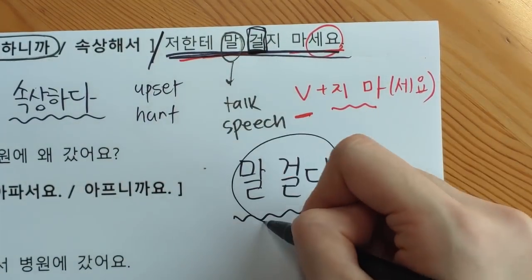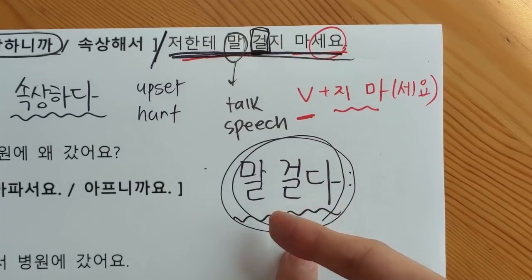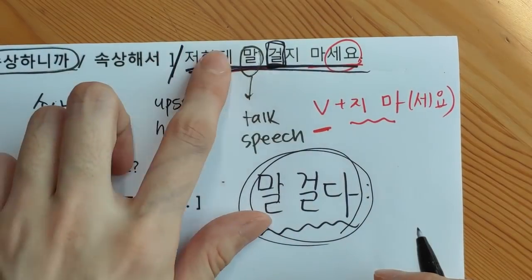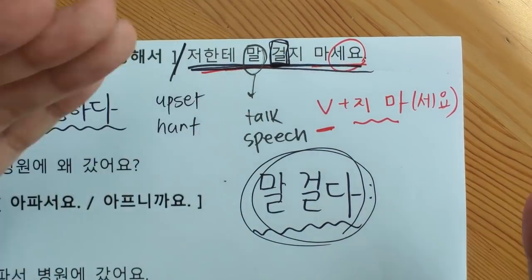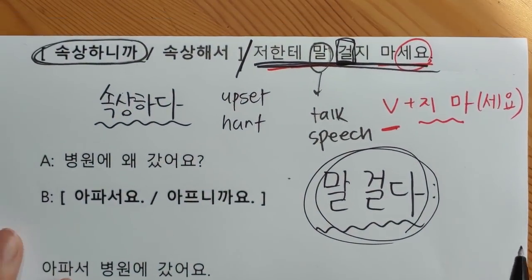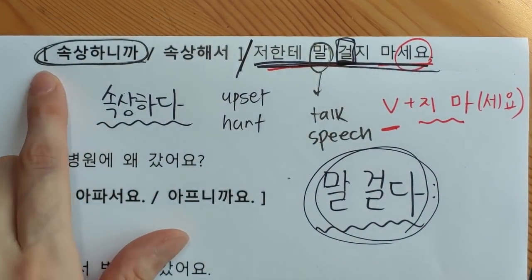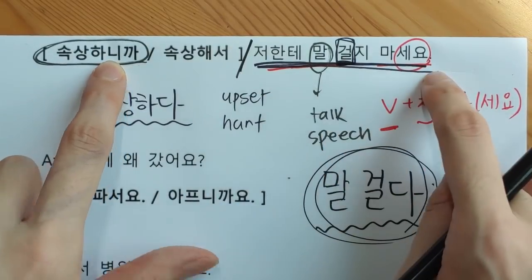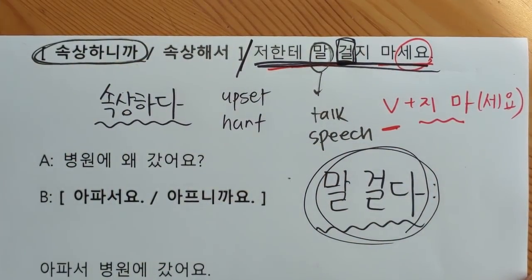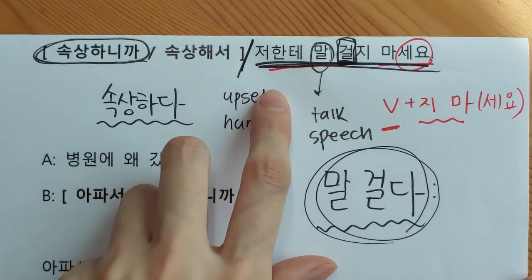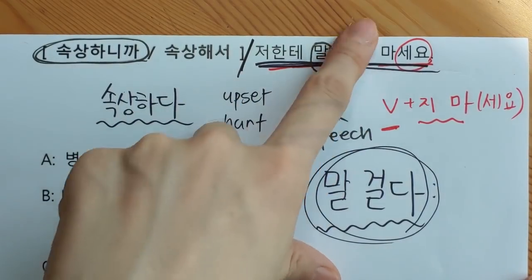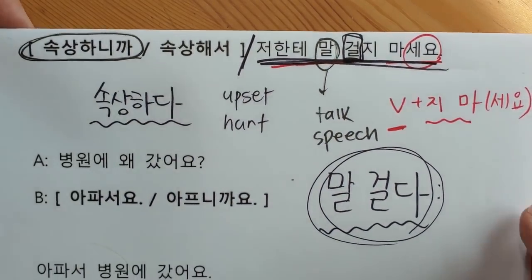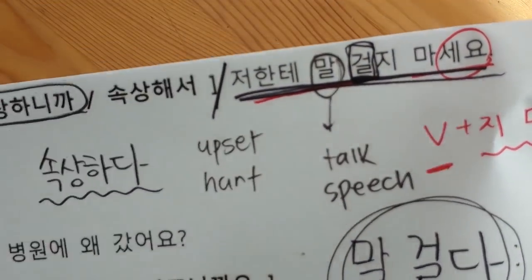So 저한테 말 걸지 마세요 means don't talk to me because I feel upset. 속상하니까 저한테 말 걸지 마세요. Don't talk to me. I mean, I am upset. So to me, don't try to initiate a conversation. Don't talk to me, please. 속상하니까 저한테 말 걸지 마세요.